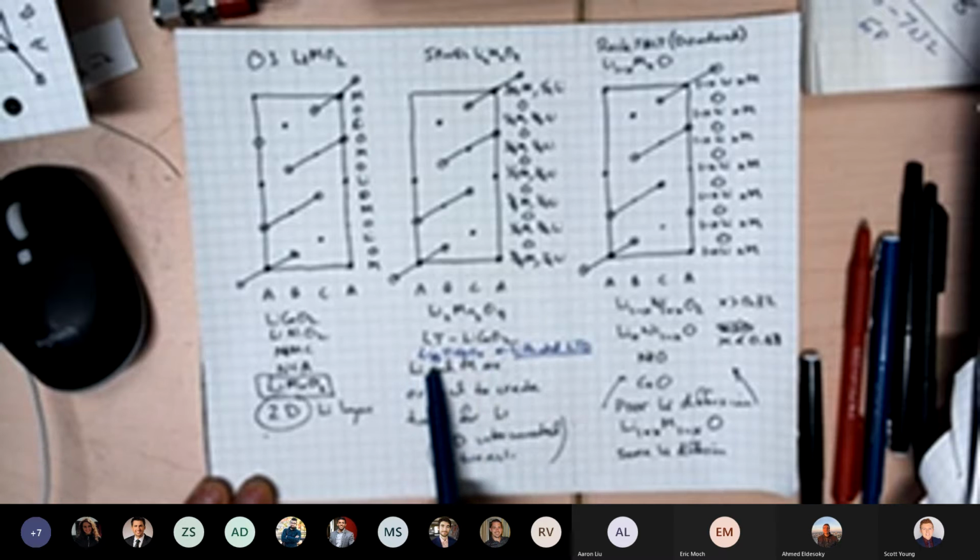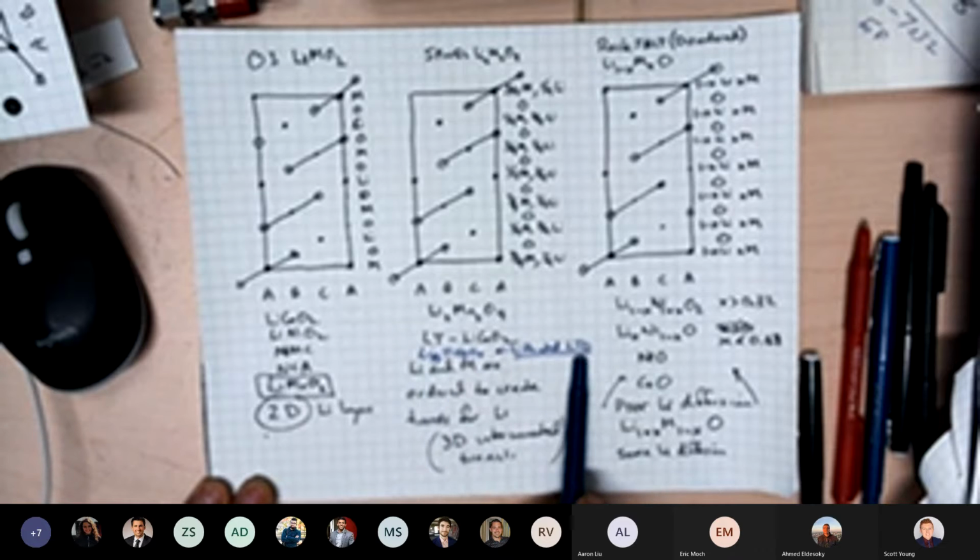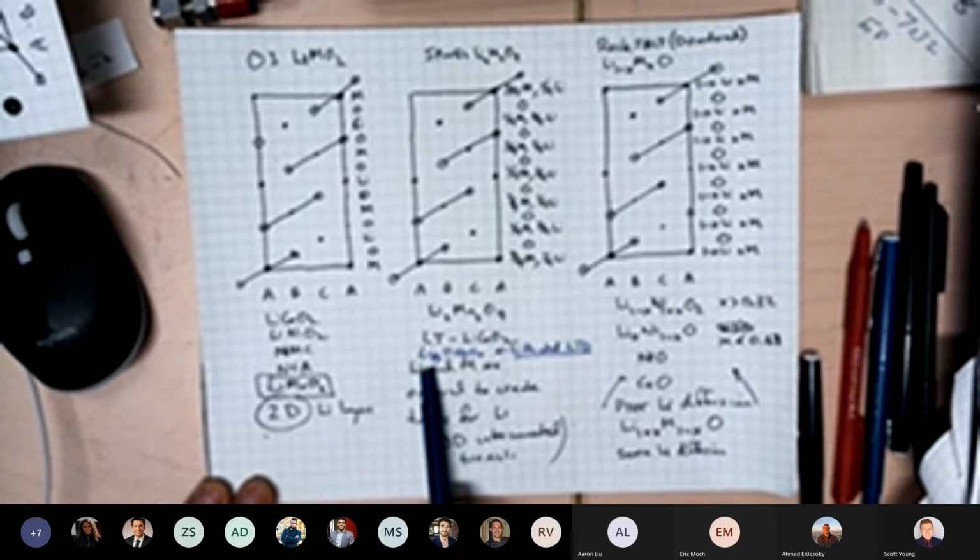And then there's a very famous negative electrode that we'll talk about in the negative electrode section called lithium titanium oxide, LTO. And when LTO is in the fully lithiated state, it has this stoichiometry, Li7/3 Ti5/3 O4.